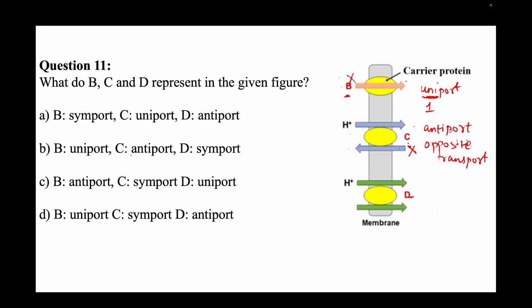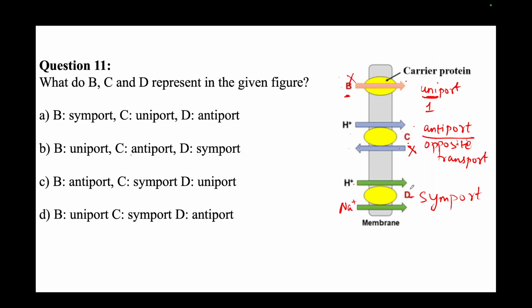Okay. So antiport means opposite transport, uniport means single transport, uni means one, and the last is symport. Sym is basically the opposite of anti. Anti means opposite, sym means in the same direction. So two molecules, let's say H plus and Na plus, are moving together.